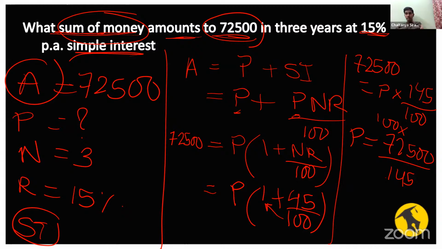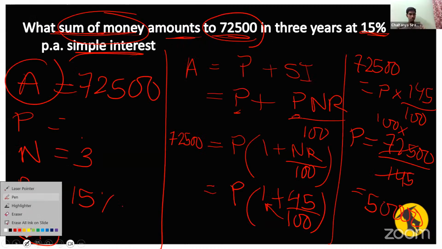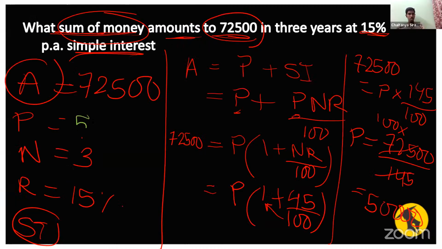So how much would it be? 15 fives, I guess. Yes, it would be 50,000. So the principal which you have been asked is 50,000.